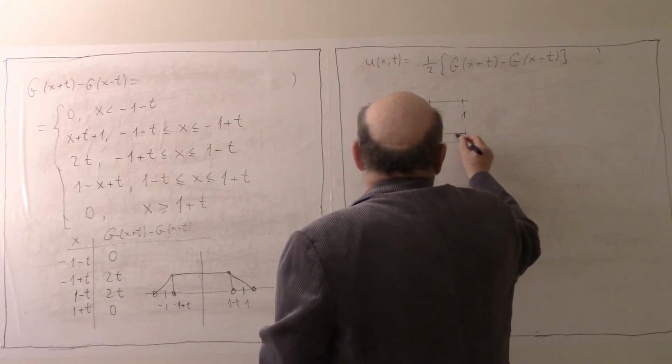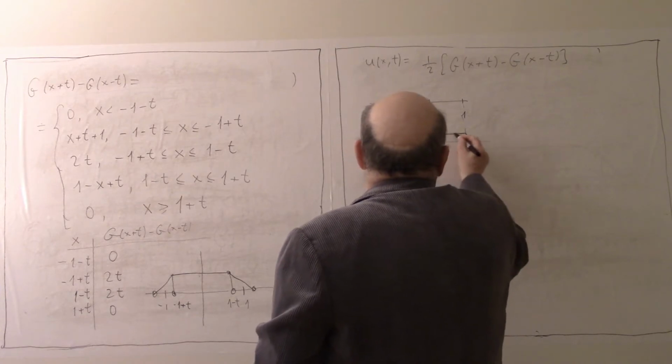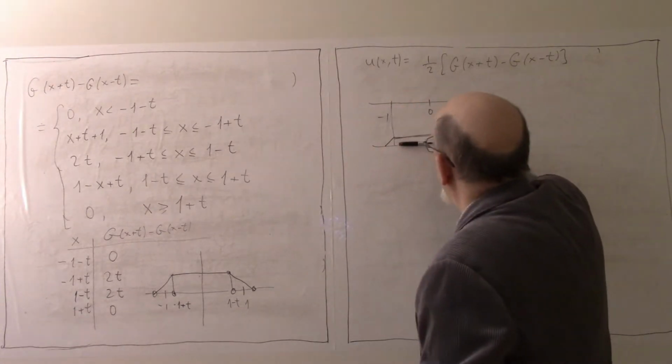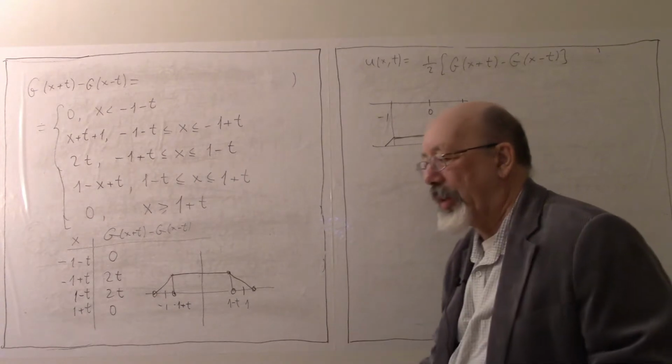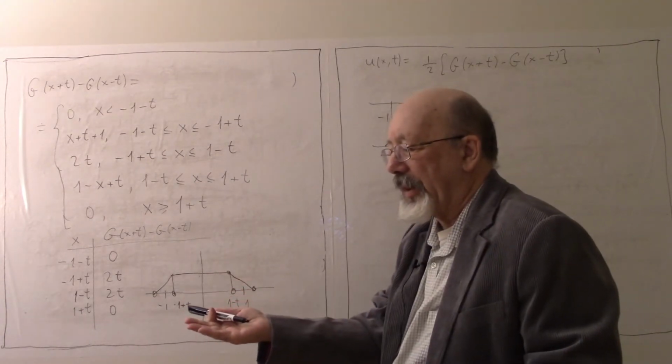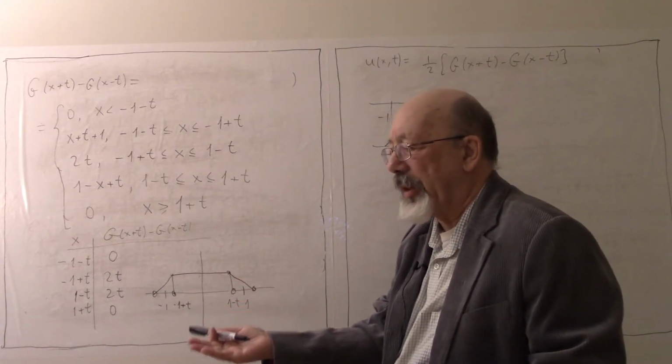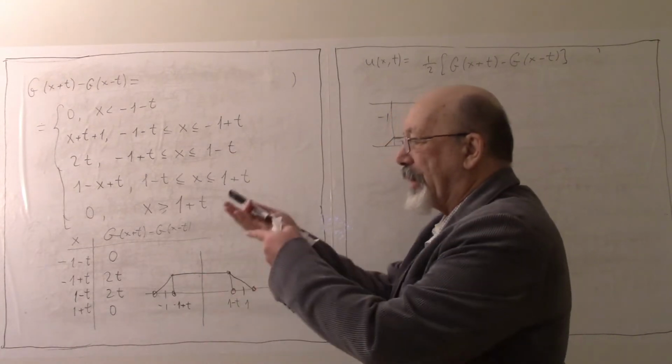Then we see the following picture. First here the function grows because we gave a kick to the string, so the string moves up.